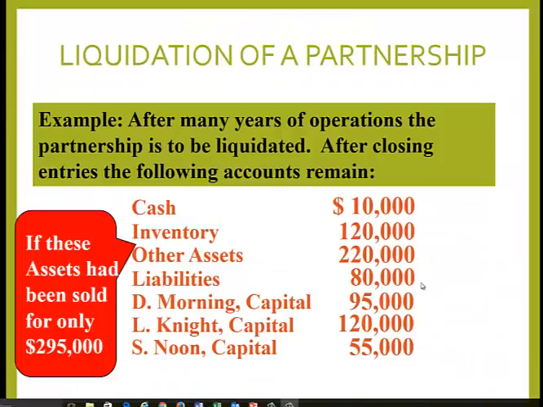So now let's take another look at another scenario. Let's say that the assets were sold for only $295,000 instead of the $370,000 that we saw in the other example. Okay, so inventory and other assets have the same balance as before. Together they total $340,000.